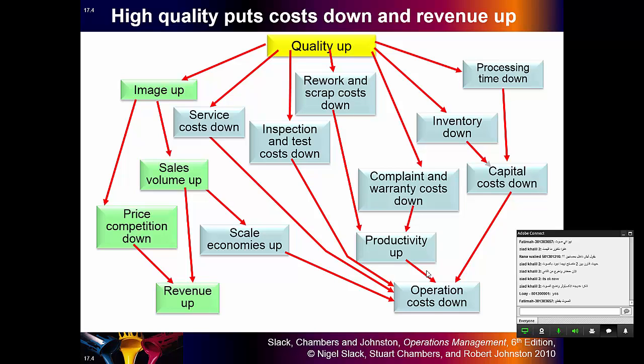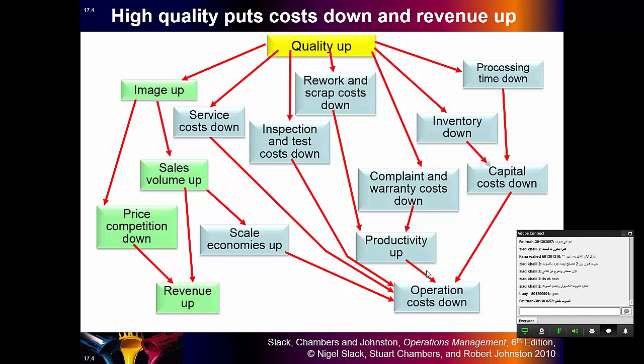When I have good quality, that means, if you remember the previous lecture where we discussed inventory planning and control, we said that the more inventory we have, the more cost we have for the production.